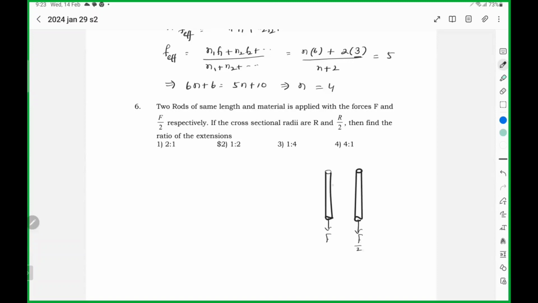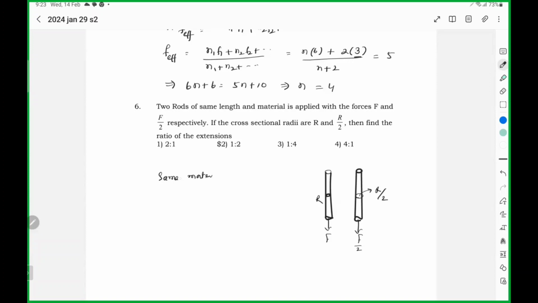If the cross-sectional area of one is having radius R, and the other has radius R by 2, then find the ratio of extension.